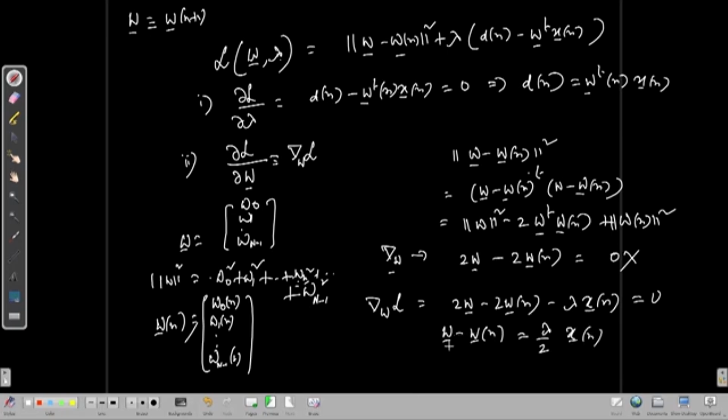Now, this is a vector equation, W is a vector, W n is a vector, x n is a vector, but from this I have to find out lambda.